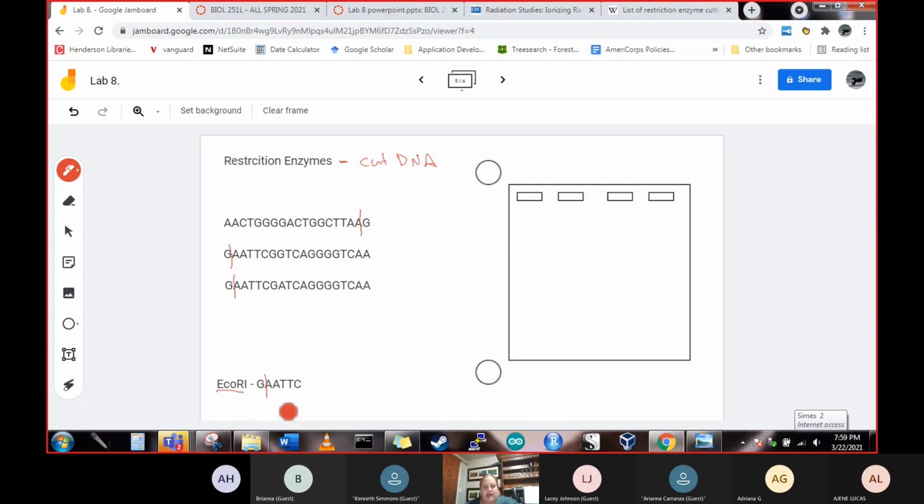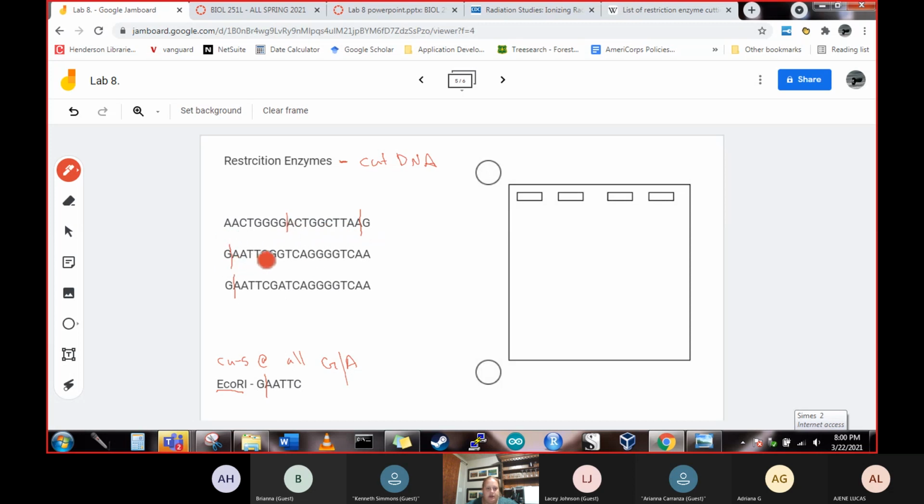So let's imagine we have an unknown restriction enzyme that cuts at all GA sequences. This may exist, but I don't know if it actually exists. Anytime there's a G and an A, it would cut between the G and the A. For our top one, it would not only cut here, but if you scanned along, there's another G and an A here.